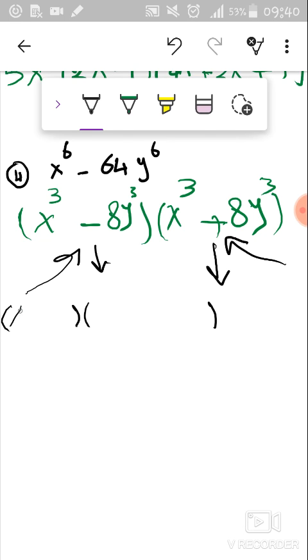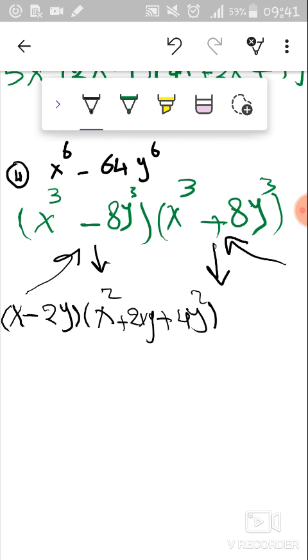The cubic root of x to the power 3 is x, and the cubic root of 8y to the power 3 is 2y, and the sign is negative. The big bracket will be x squared plus 4y squared, and the middle term is positive 2xy.